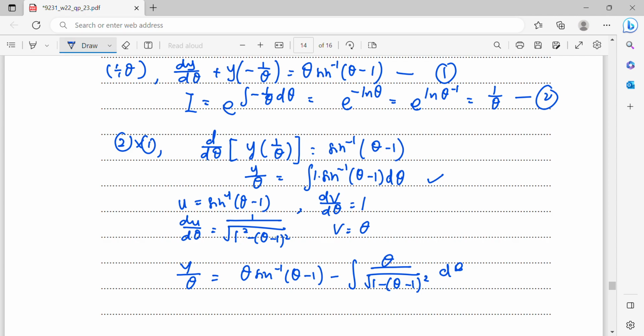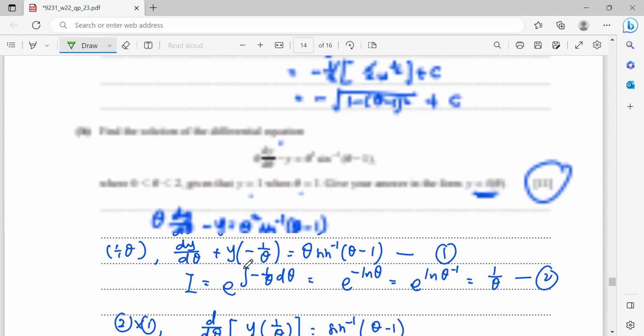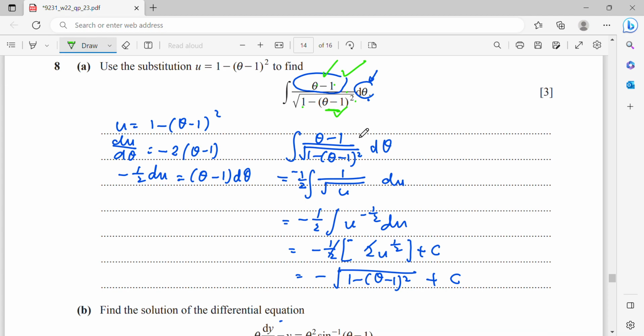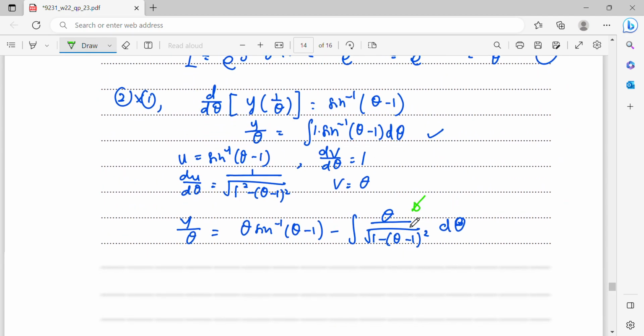Now when you need to integrate the second term, compare with the previous part, where we have done the integration of theta minus 1 over the square root of 1 minus theta minus 1 squared. Here the numerator is theta minus 1 and the denominator also has theta minus 1, and it's almost the same.